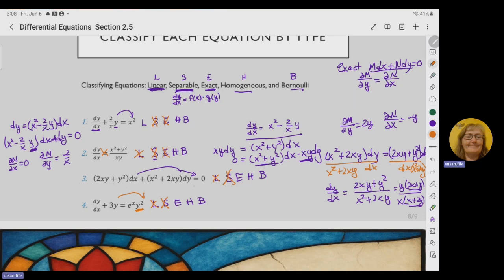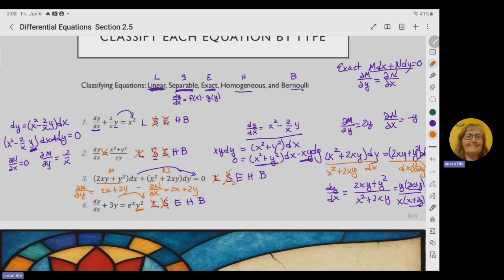Number 3 is written in the exact form that we want it to be in. If I take the partial derivative of M, this is M and N, with respect to y, I get 2x plus 2y, and the partial derivative of N with respect to x is 2x plus 2y.